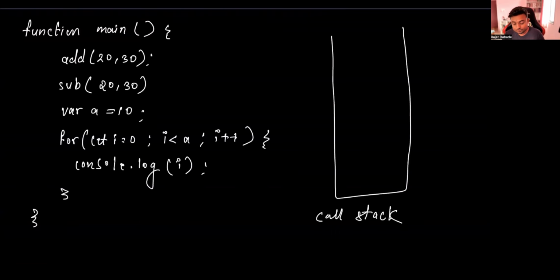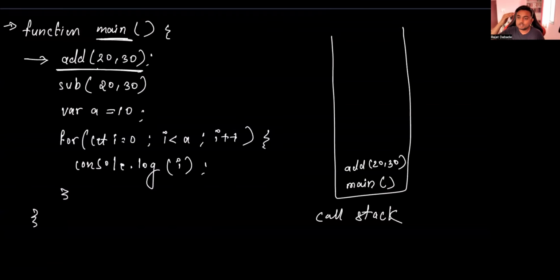Whenever a function is called, suppose first the main function, because the execution will start from here, the main function will be sitting on the top of the stack. Now it will go to the second line, which will sit on top of the stack and get executed, because this function needs to execute first before going to another function call. So it will go to its implementation.